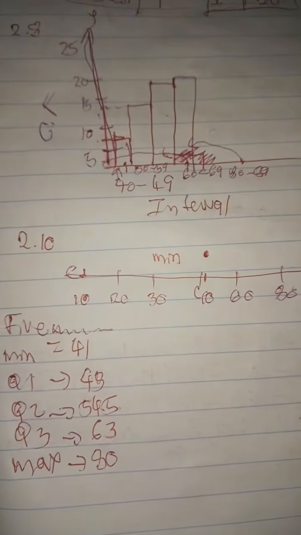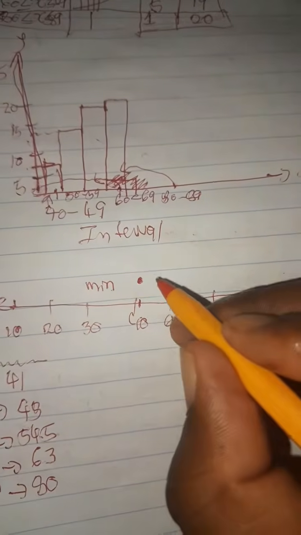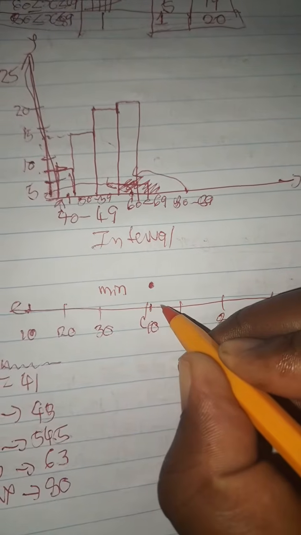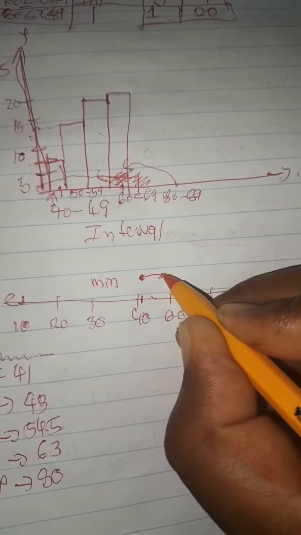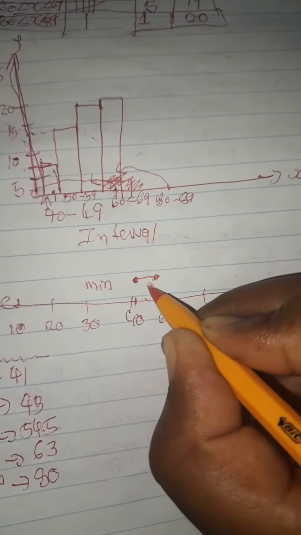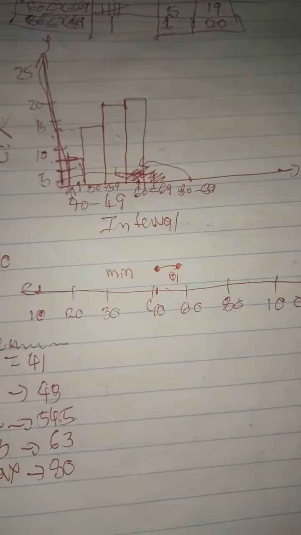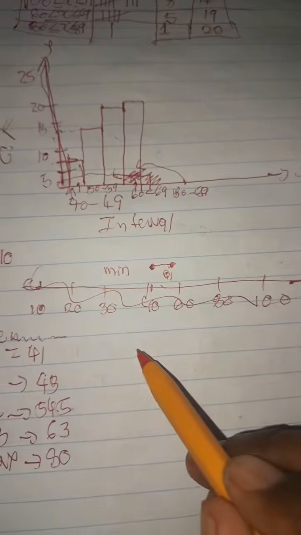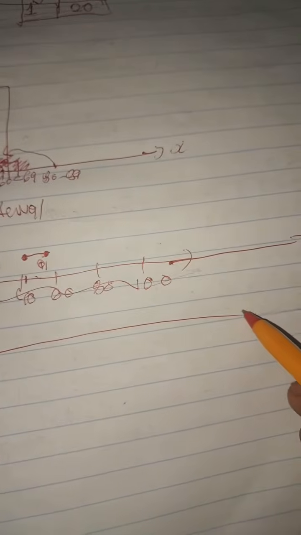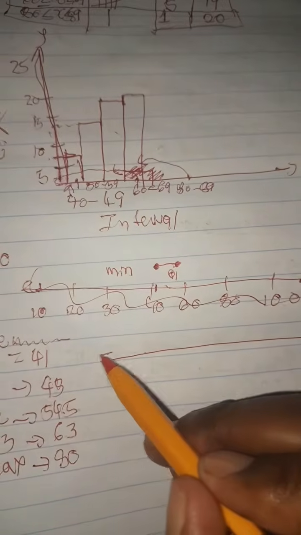Then we have Q1 is 48, somewhere here. Then 54, my scaling is not a proper one. Let me just create my own.